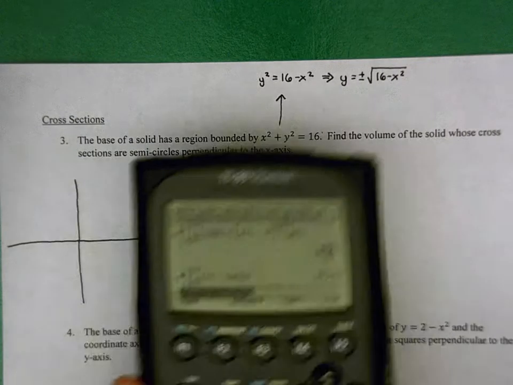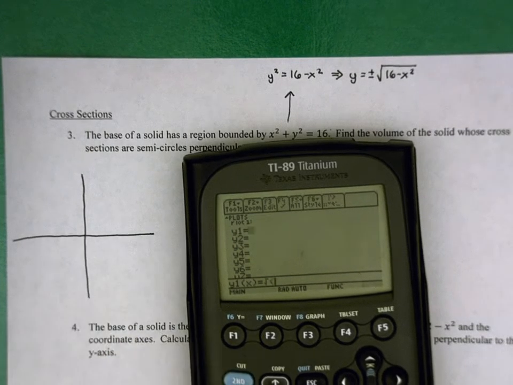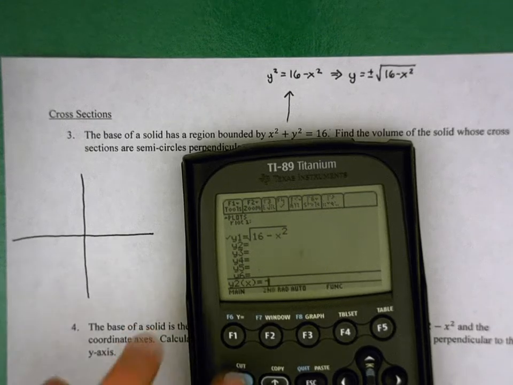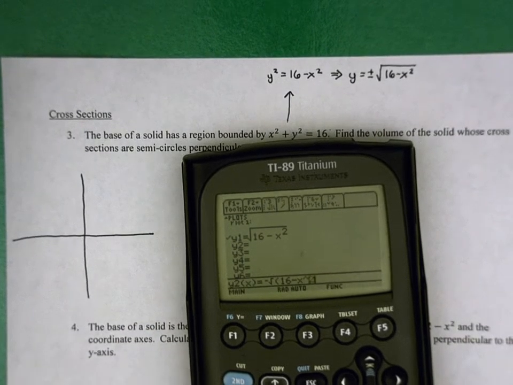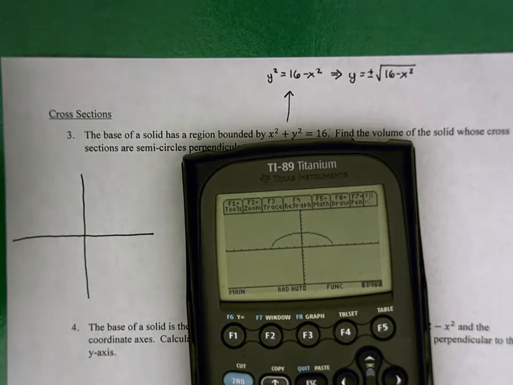If you didn't see it was a circle immediately, you'd put in your square root 16 minus x squared and your negative square root 16 minus x squared. And your calculator would generate the circle for you, so you could see what you were looking at. There's our circle.